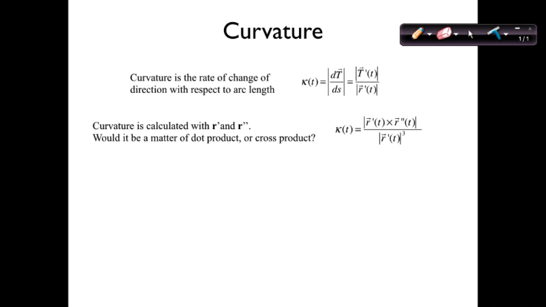It's cross product. So this is a formula that we'll actually use to calculate curvature. It's going to be the magnitude of the first derivative of the vector function crossed with the second derivative, divided by the magnitude of the first derivative cubed.